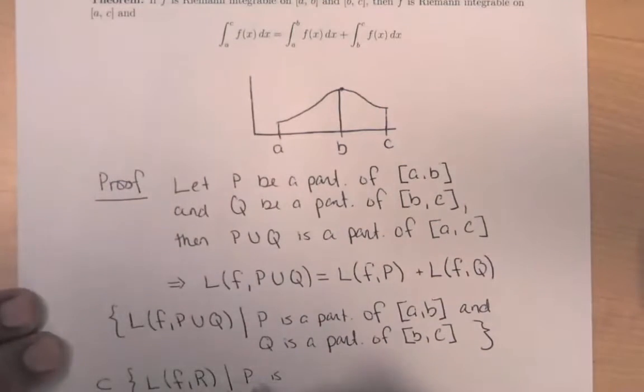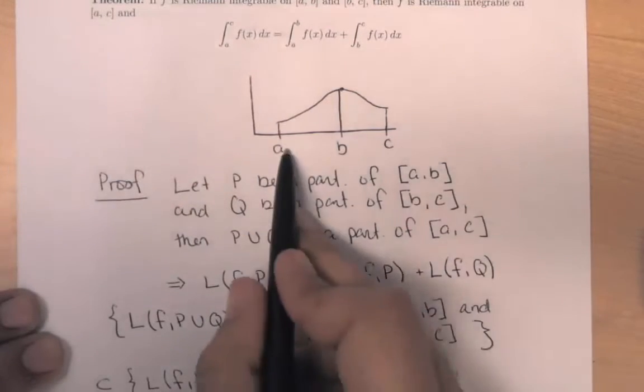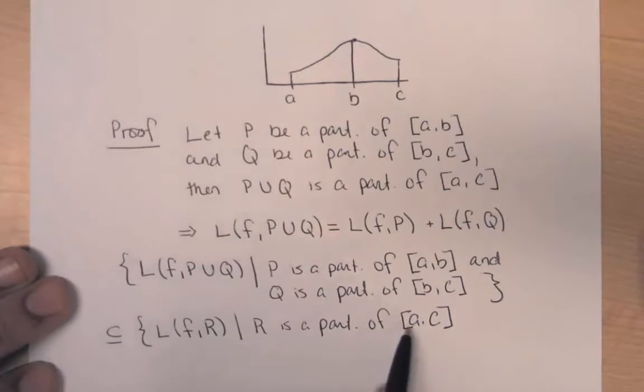Let's make this R, to not confuse. So R is just any old partition of a to c, here to here. R doesn't necessarily include the point b.